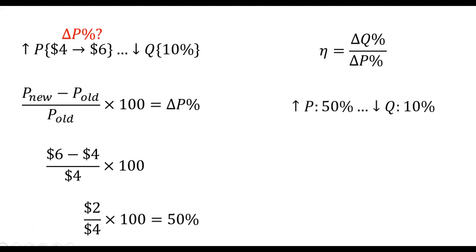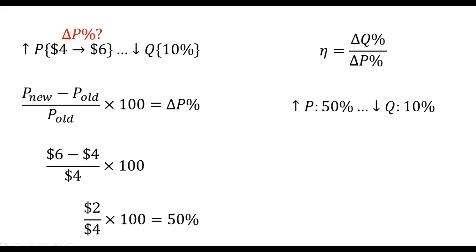So we now know that for a 50% increase in the price of bananas, there has been a 10% decrease in the quantity demanded.